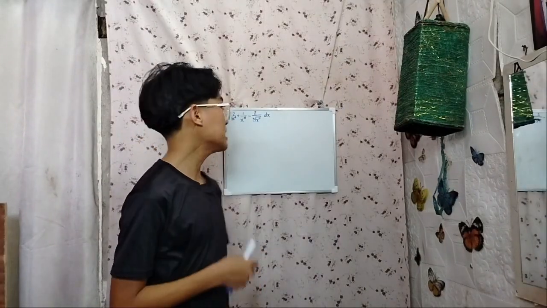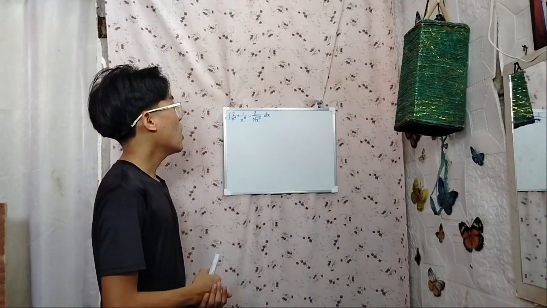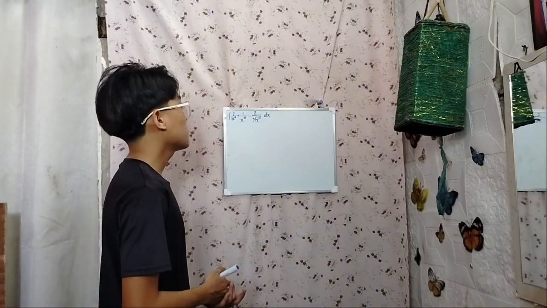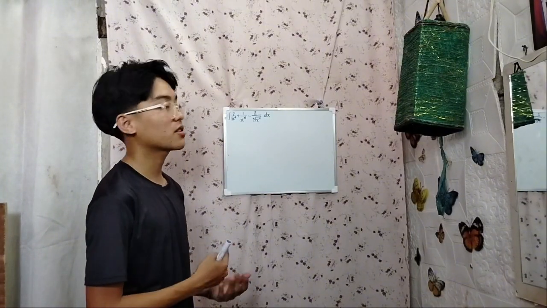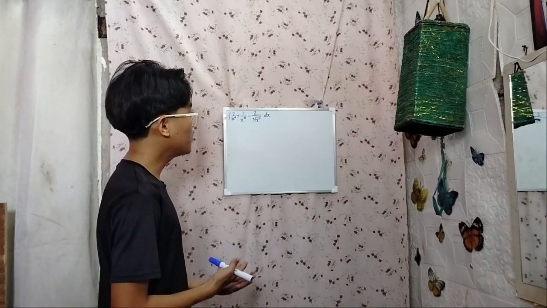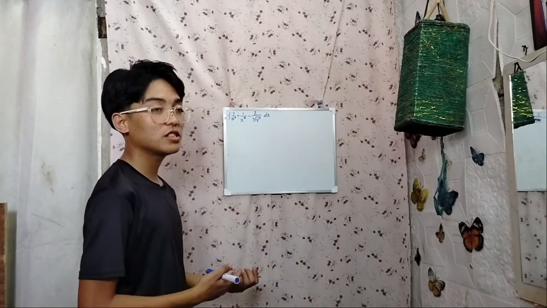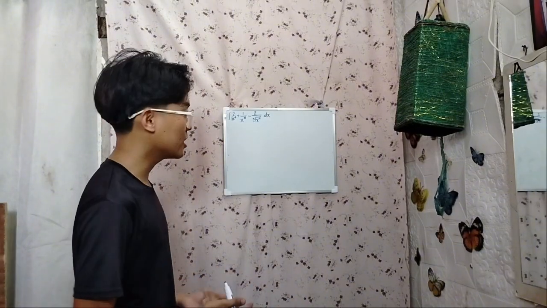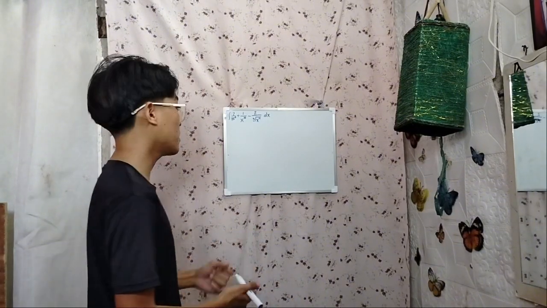So let's solve this. The integral of 7 over 3 x raised to 6, plus 1 over x raised to 10, minus 2 over the cube root of x raised to 4, with respect to x. So first we write everything using exponents.